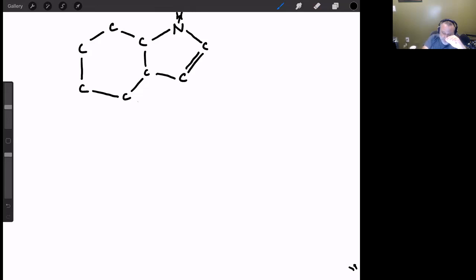What if there was a double bond here, a hydrogen here, a CH group here, a CH group here, and then a CH group here, and then a nitrogen group with a hydrogen.